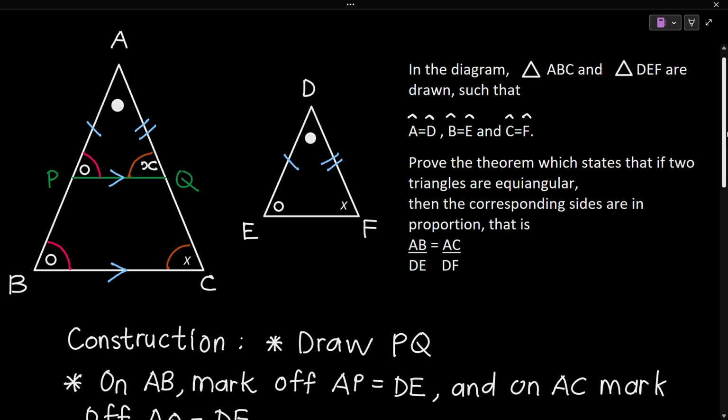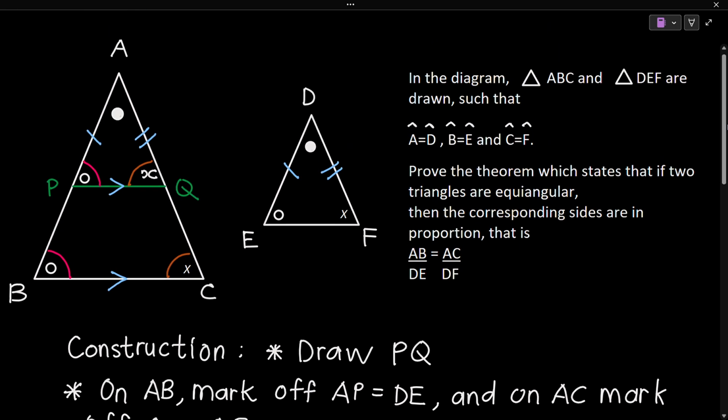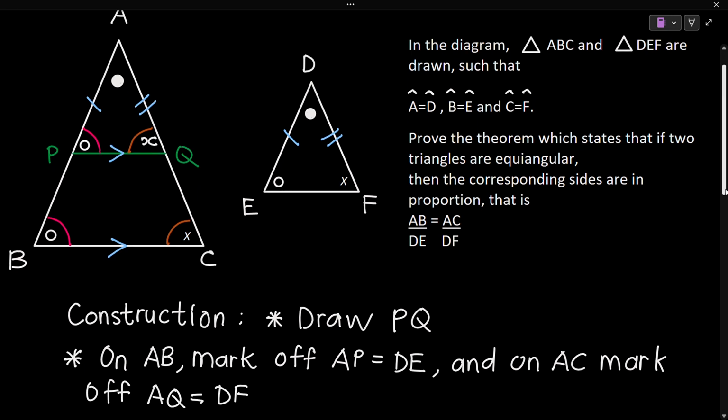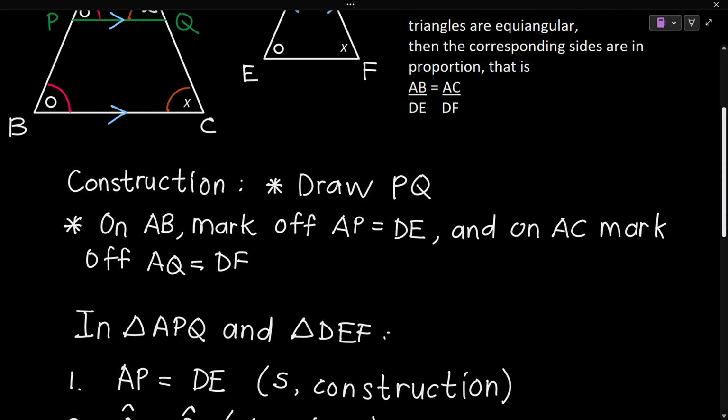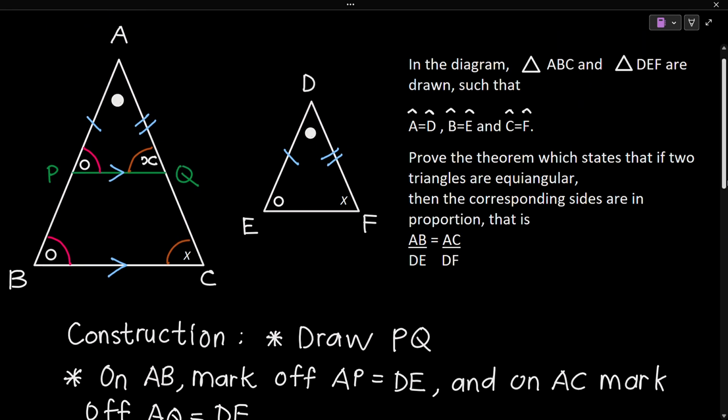So just remember that when it comes to the similarity theorem proof, there are three main parts to this proof. The first being your construction, where you start off by drawing a line in the big triangle that is more or less the same size as EF, the bottom of the small triangle.